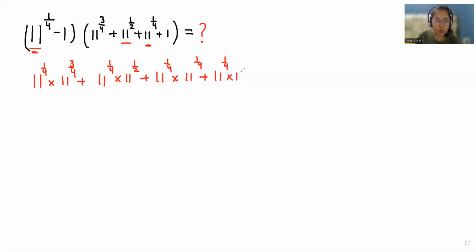Now with minus 1: minus 1 multiply 11^(3/4), plus minus 1 multiply 11^(1/2), minus 1 multiply 11^(1/4), and minus 1 multiply plus 1.